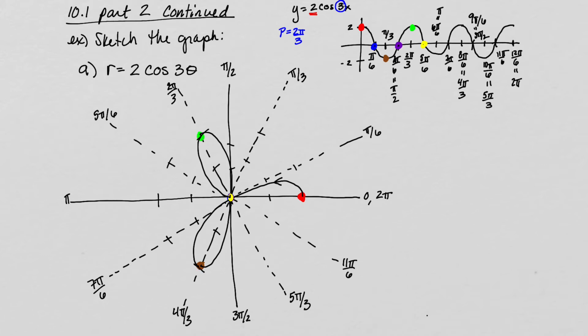So it's not a literal translation of like, oh, the left side of a graph x's are negative and the right side of a graph x's are positive, right? What we're saying is I was on the 2 pi over 3 spoke. So on this spoke, I go out 2, right? If the radius, anytime it's negative, rather than go out on that spoke, I go the other direction on the opposite spoke. No problem. Other questions?